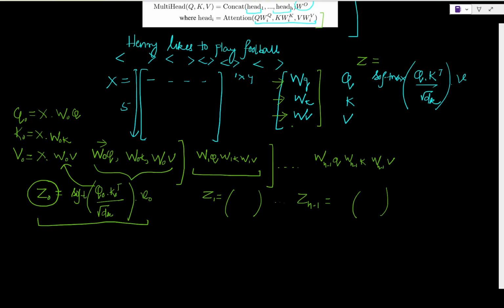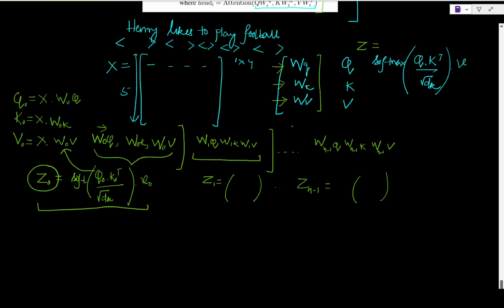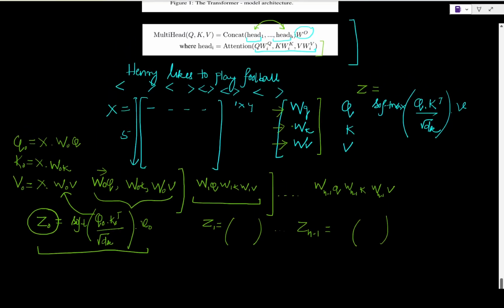Now, if we have H outputs, H attention heads, the paper suggests to concatenate all of them and multiply with some matrix W naught. I would repeat this.